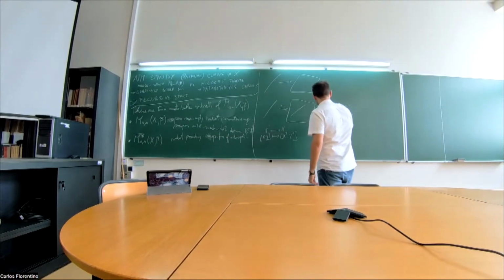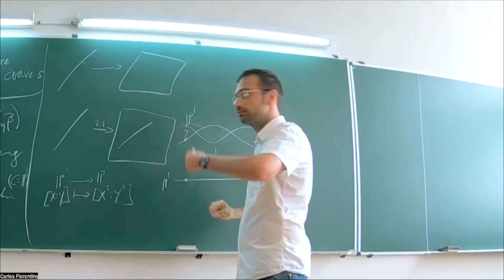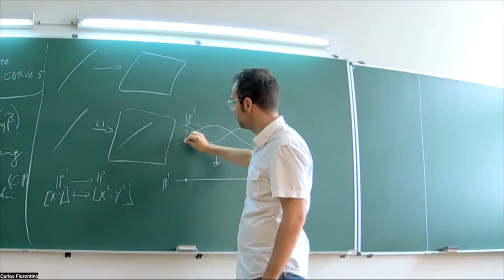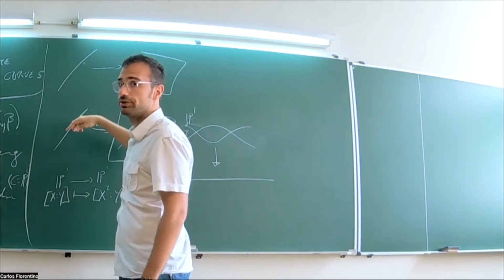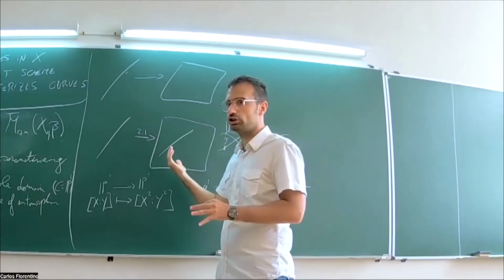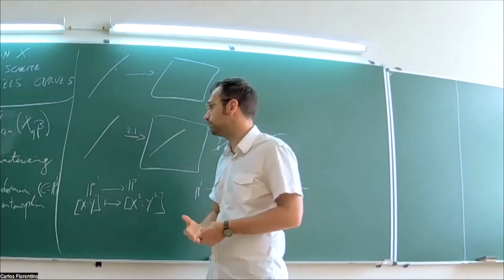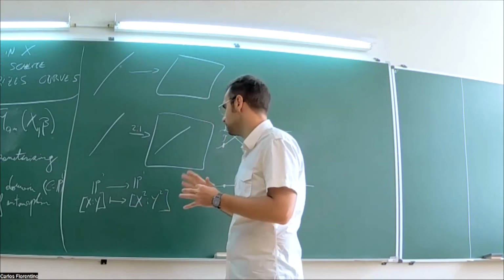This is P1, and this is also P1. So each fiber generically consists of 2 points. And what's the automorphism? It's the automorphism that switches the fiber, sending each point to the other point of the same fiber. So this map has an automorphism. So when the map is not generically injective, then there is an automorphism. If it's generically injective, it doesn't have an automorphism generically.